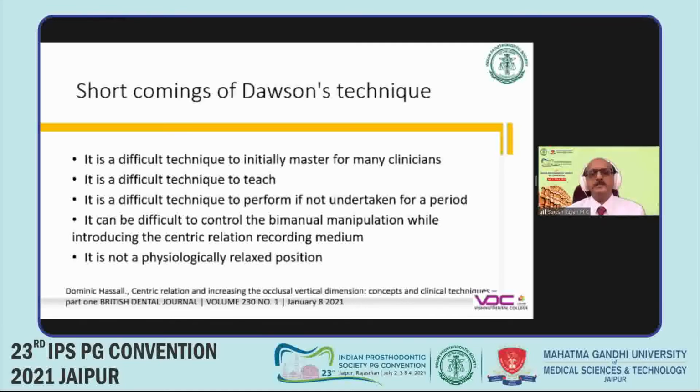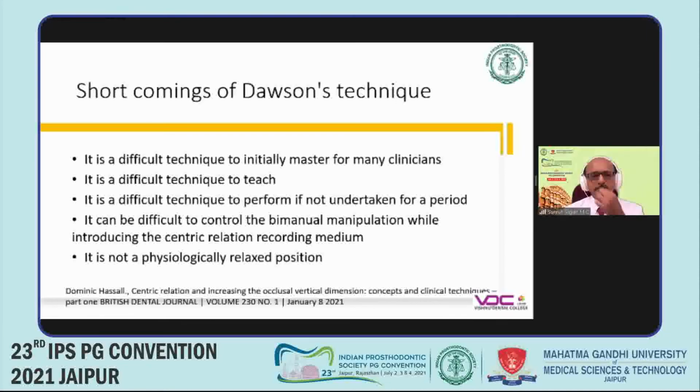And when you are trying to position the mandible in its centric, the patient tries to resist the movement of the mandible, and having the patient allow you to move the mandible is really tough. It takes a lot of training for the patient, as well as for the person who is handling it.